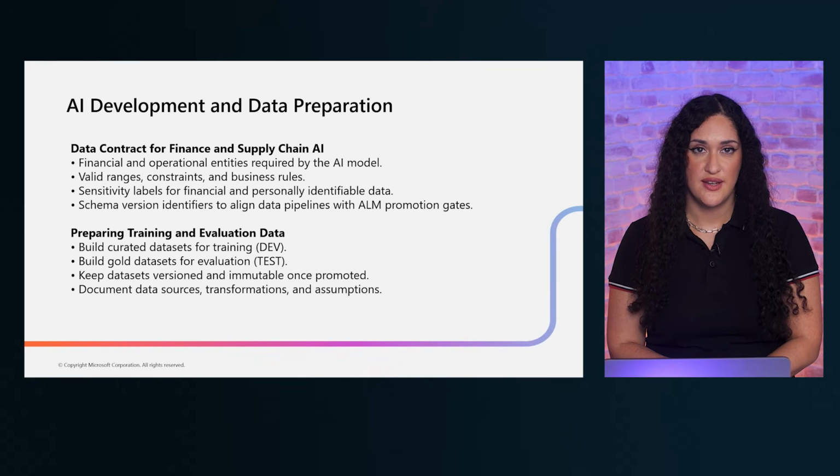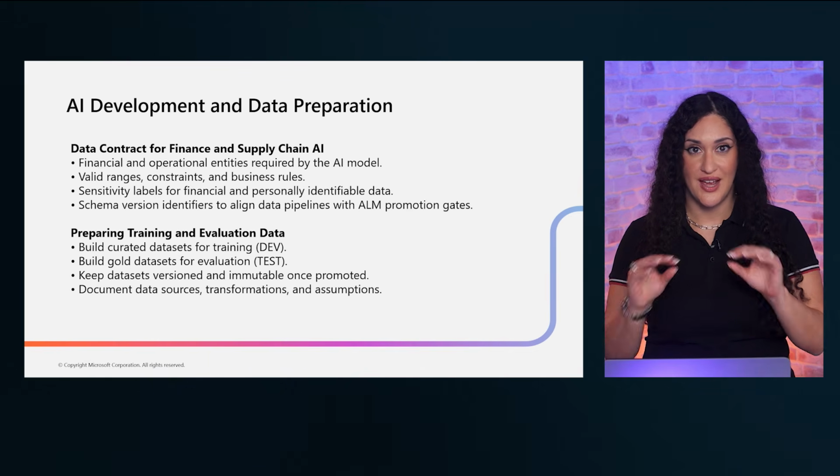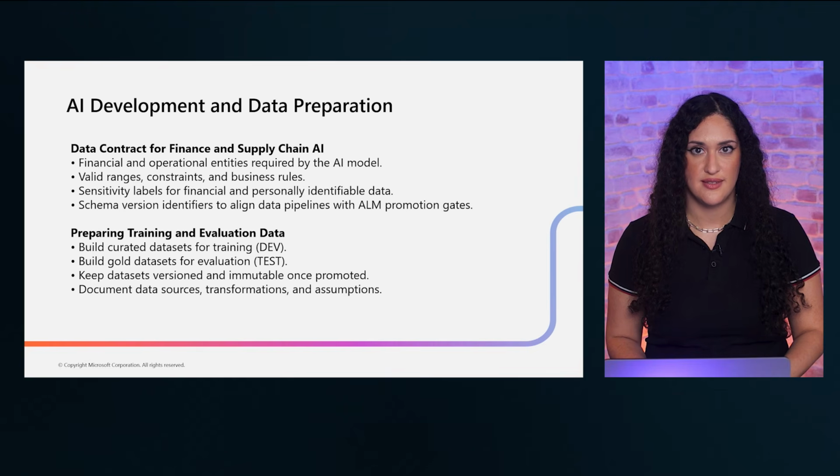Data contracts for finance and supply chain AI must define the financial and operational entities the model requires, valid ranges, constraints, and business rules, sensitivity labels for financial and personally identifiable data, and schema version identifiers aligned with ALM promotion gates.